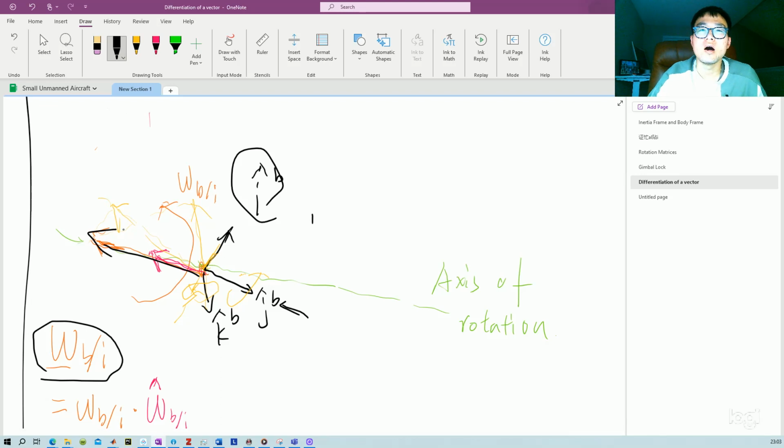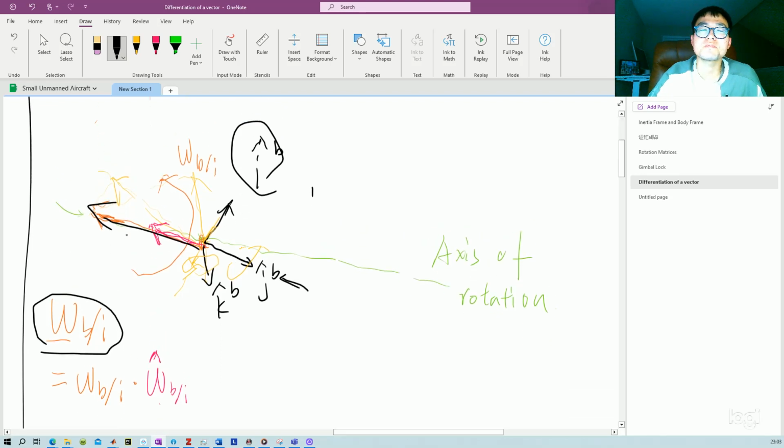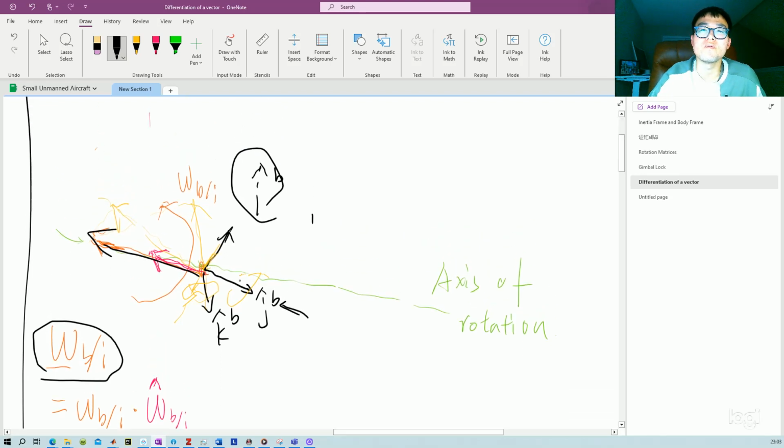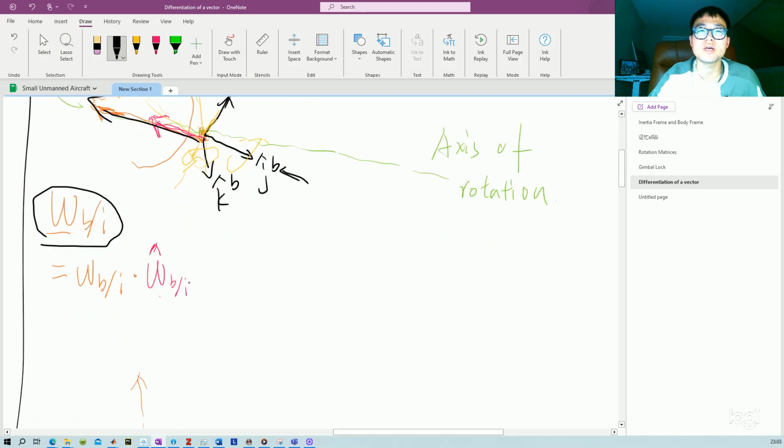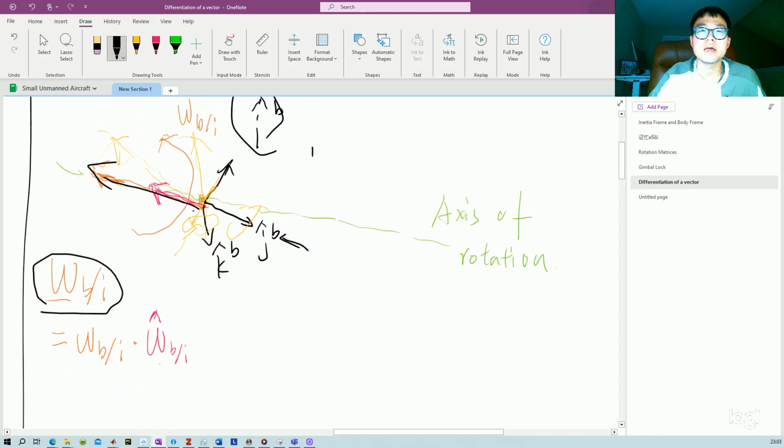The only thing that makes it special versus just a force vector, for example, is that this rotating vector has a direction aligned with the axis of rotation.